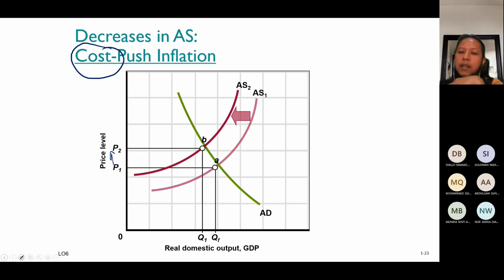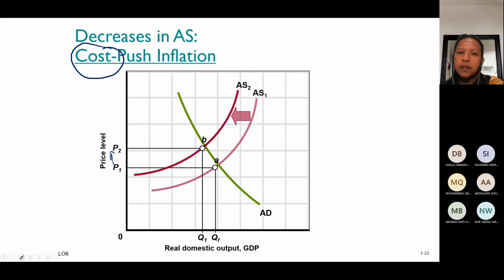And there are other factors like the war in Ukraine. When that happens, it increases the cost of inputs, and when the cost of inputs increases and there is a disruption to the supply of inputs, this will also cause a decrease in aggregate supply globally.